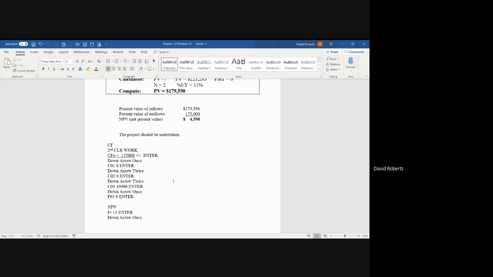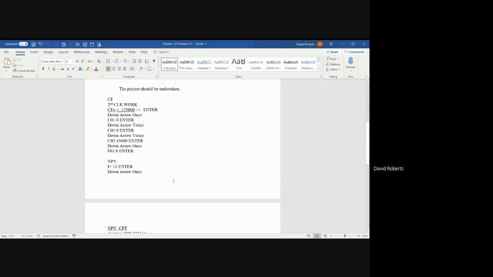But there's a function in there that makes it much more efficient: if your cash flows are even, you can enter 8 periods of time by simply going 8, enter. Up until now, we've just had the frequency being 1 because the cash flows were uneven. So I thought I would save you a bit of time with this.